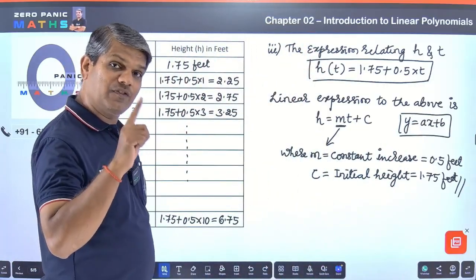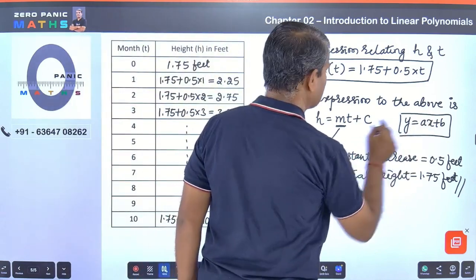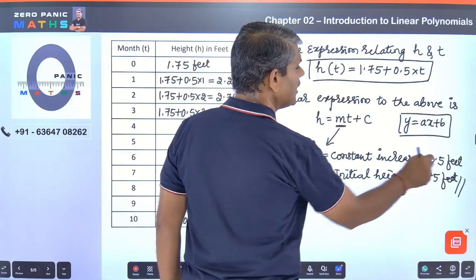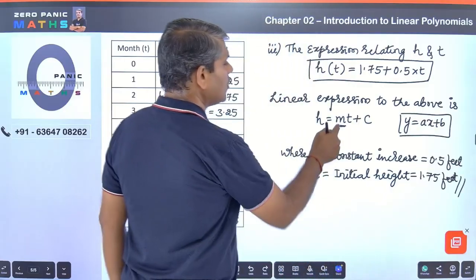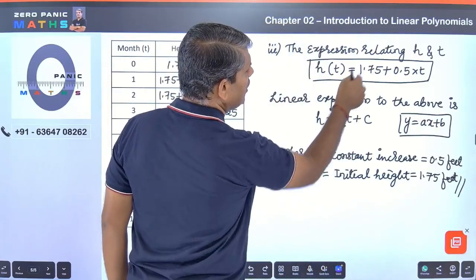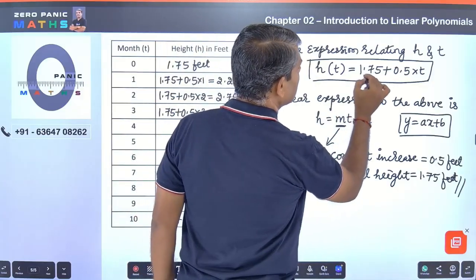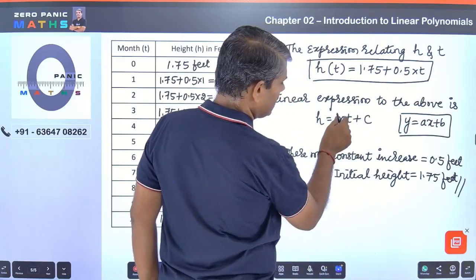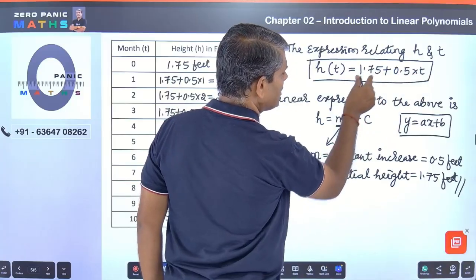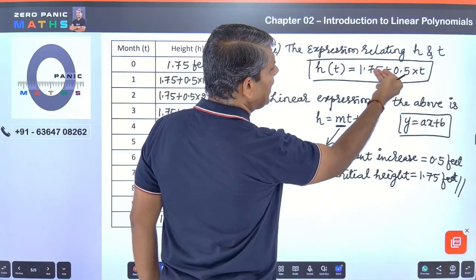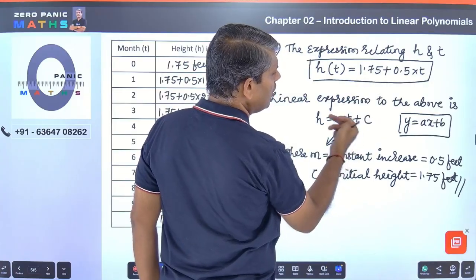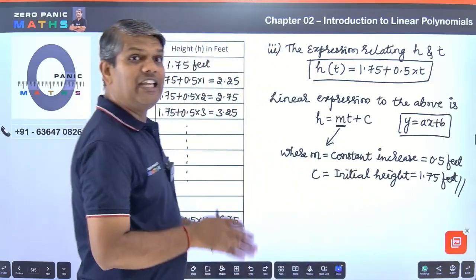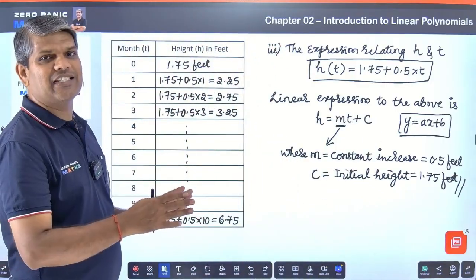So in terms of t we are representing, and m is a constant, that is 0.5. So this equation is exactly similar to this. You can see that this is c and this is m and t. It is mt plus c. So I just converted this equation into the linear expression that represents a linear pattern in the increase in the value.